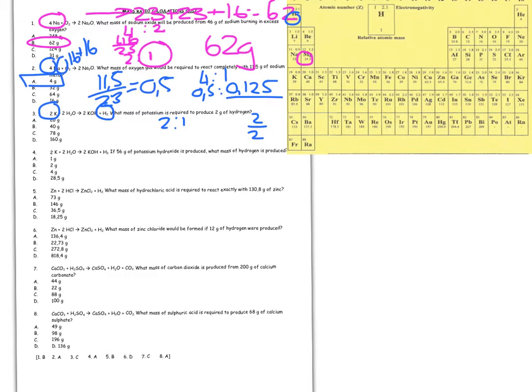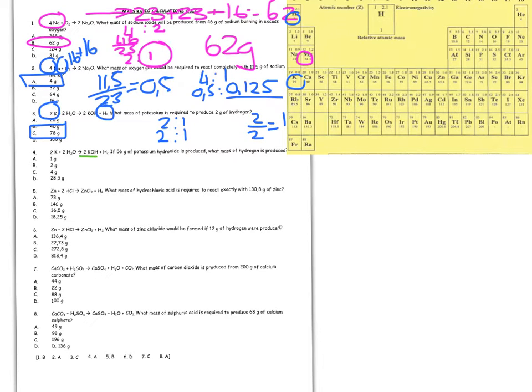And I land up with 1, which means I have got 2 moles of potassium. And now I go to potassium and I see that it is 2 times 39, and that is going to give me 78 grams.